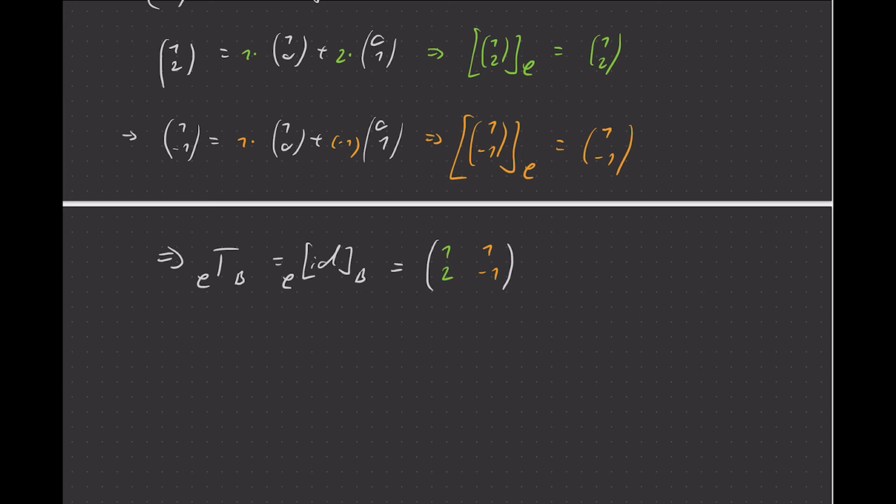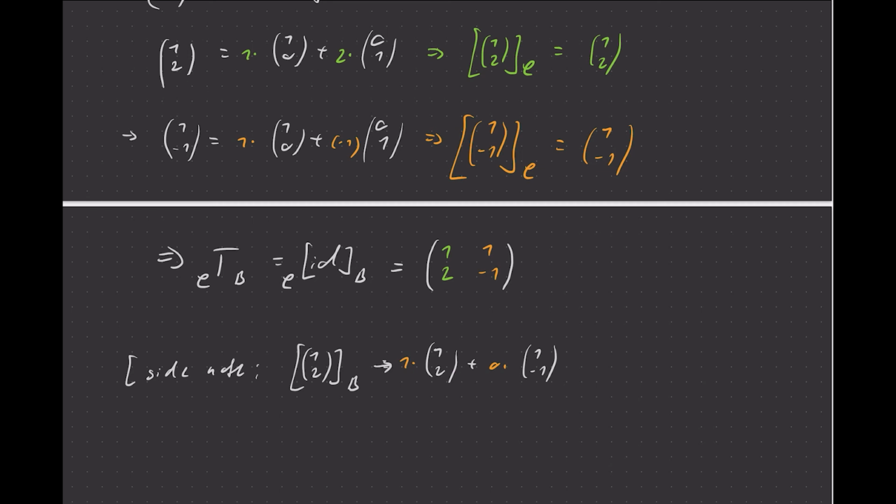And just as a side note, I was saying that the C coordinates of these vectors here are exactly the vectors. You might wonder what their B coordinates are. So just as a quick side note here, what if we wanted to compute the B coordinates of one of those vectors? Well, then we'd have to take the basis B, these two here, and represent that vector as a linear combination of that basis B. And of course, what we get here is we need exactly once this vector and 0 times the other one.